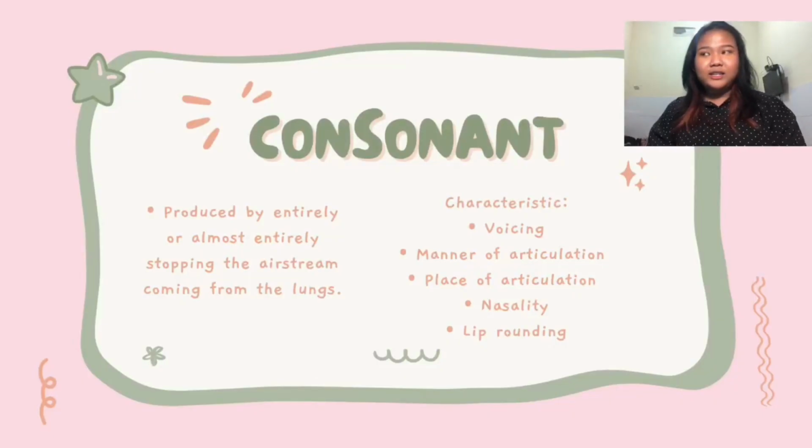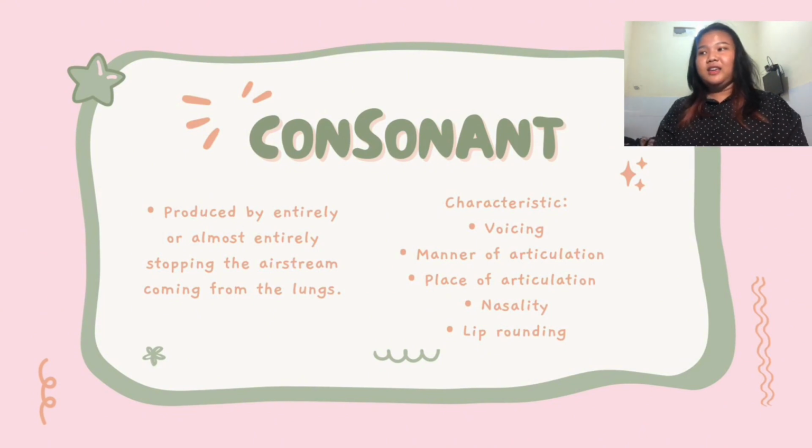So the next one is consonants, and consonants include the sounds we represent as P, B, T, D, M, N, F, etc., in the ordinary alphabet. And all consonants are produced by almost entirely stopping the airstream coming out from the lungs.